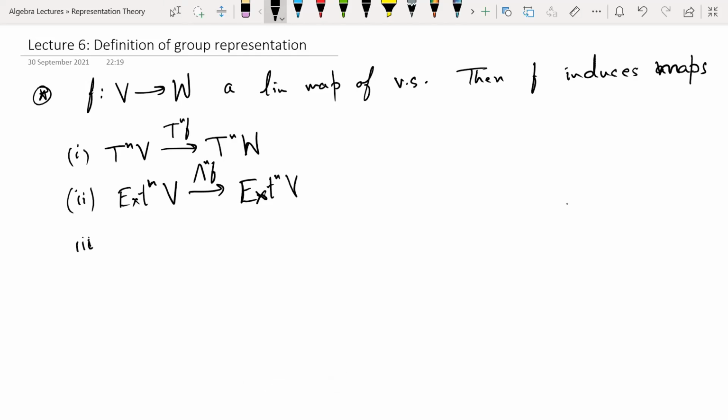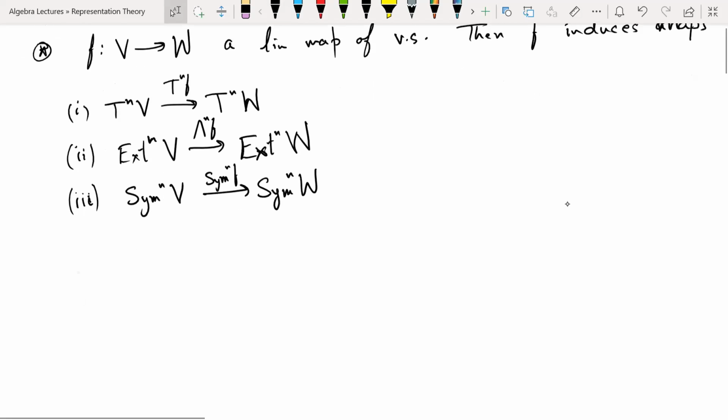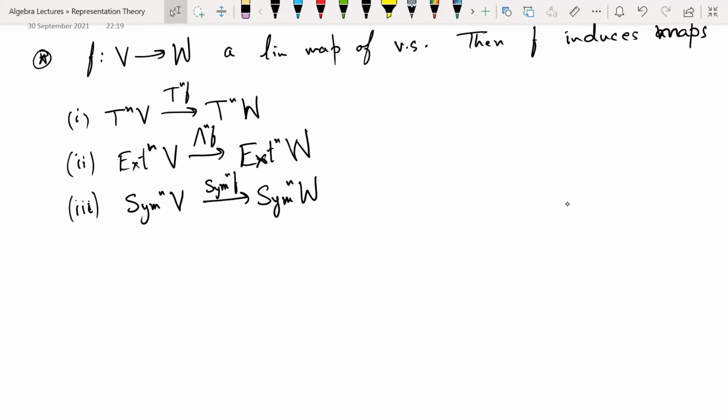Of course it also induces a map at the level of symmetric powers, Sym^n V to Sym^n W. So Sym^n f, and then the corresponding algebras as well. So maybe I'll skip writing the algebra.